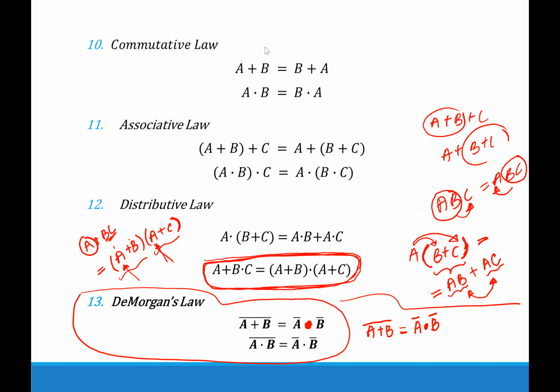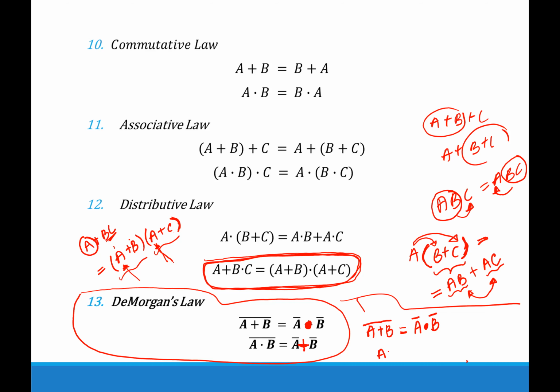Can you guess? In the previous case, we had the operation, the summation. Then after splitting that into two variables, A bar, B bar, we change that into multiplication. Here we have to do the same thing. When we split that like this, we need to change multiplication into addition.